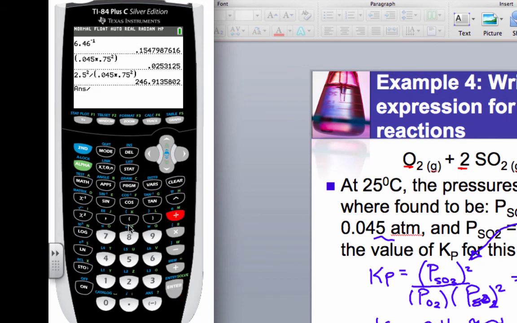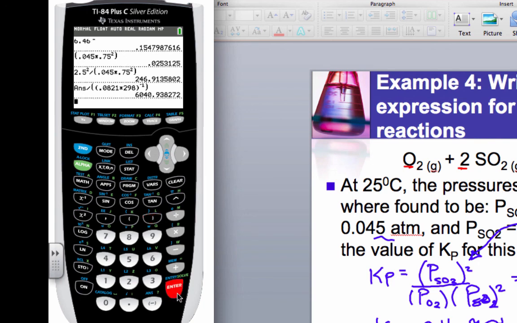let's get some parentheses around the denominator, 0.0821 times 298 kelvins, and that quantity is raised to the value of -1. So I'll enclose the entire denominator inside the parentheses and make sure that my -1 exponent applies to the right spot.